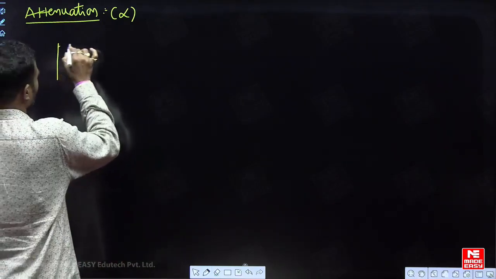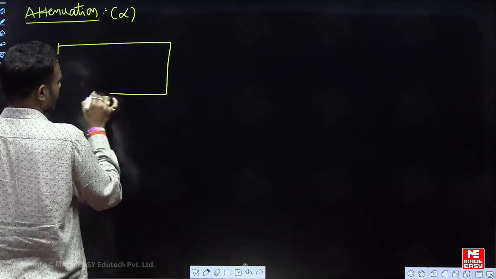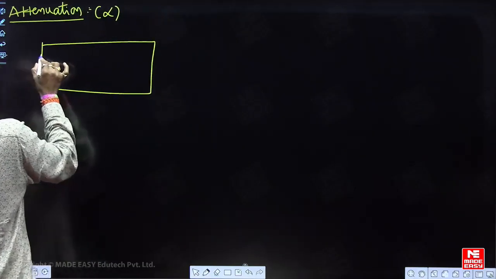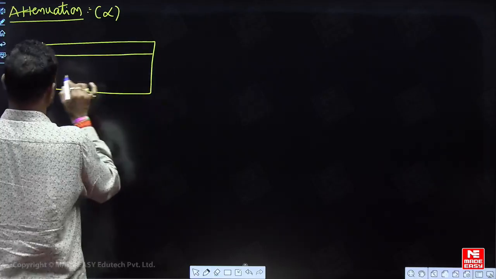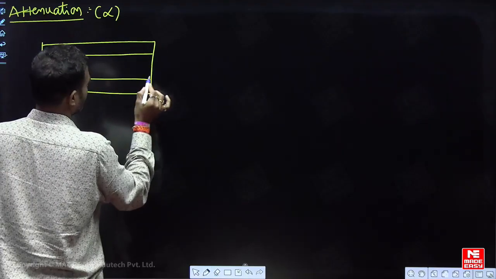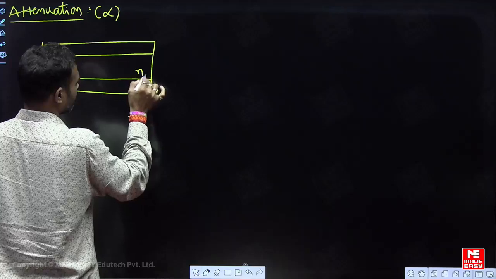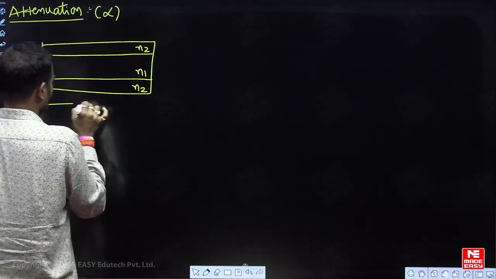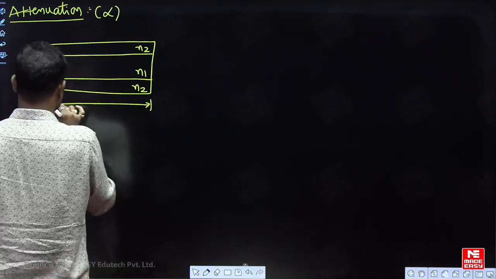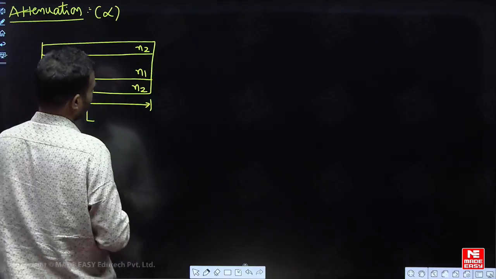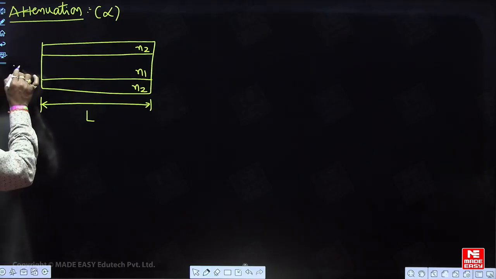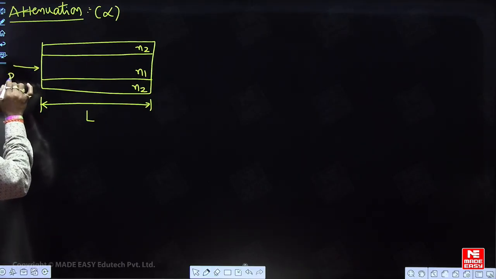So we can write like this: an optical fiber of length L, refractive index of core is N1 and cladding is N2, and the length of the fiber is given as L. The input power that is passing into a fiber is called P in.